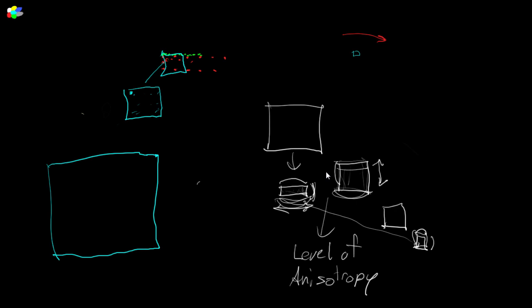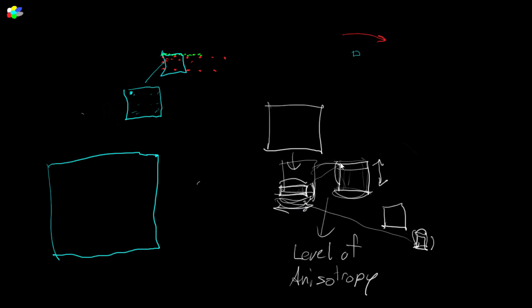Now this ratio of squeezing here, that is called the level of anisotropy. And that level of anisotropy, the bigger the ratio here, the more computationally expensive the operation is going to be on the GPU. So if it's a 1-to-1, then anisotropic filtering will not be necessary. But if it's highly squeezed, then the GPU is going to have to work harder, and it does that on the fly. So it doesn't do more work than it has to.